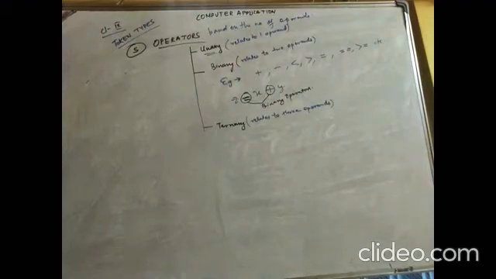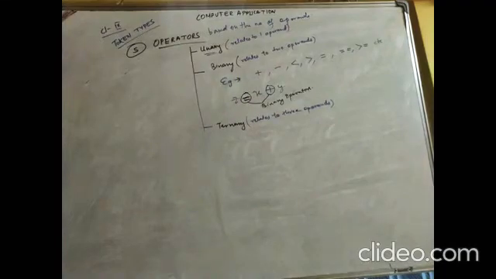When I write z equals x plus y, whatever value comes will be stored there. Let's say x plus y is 11, so z will be equal to 11. It is again related to two operands: z on the left hand side, and 11 on the right hand side.